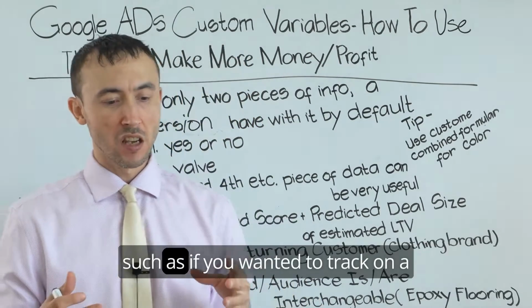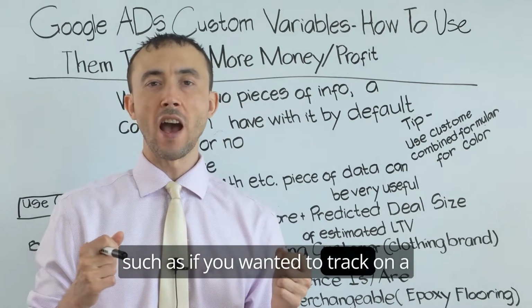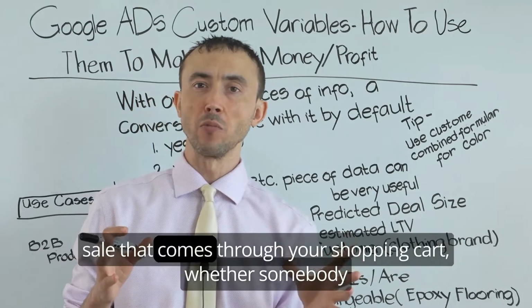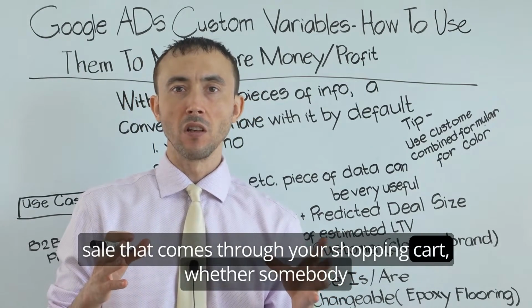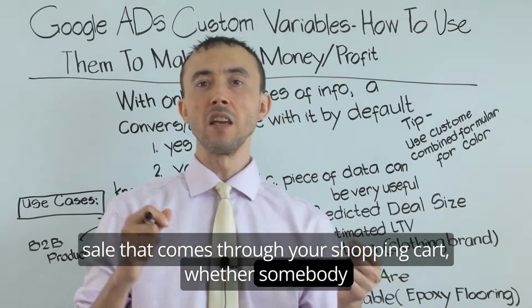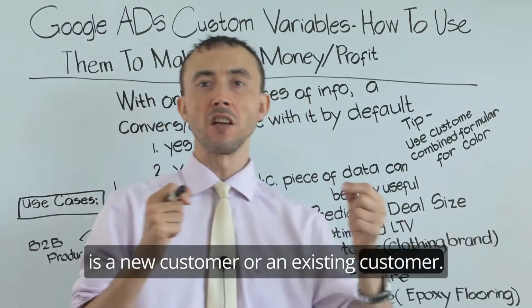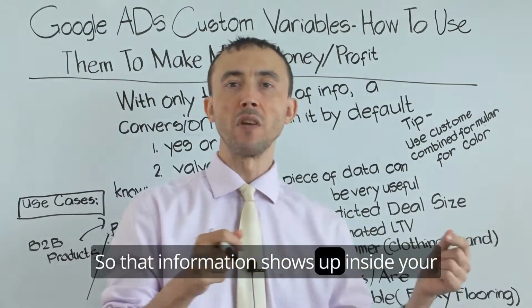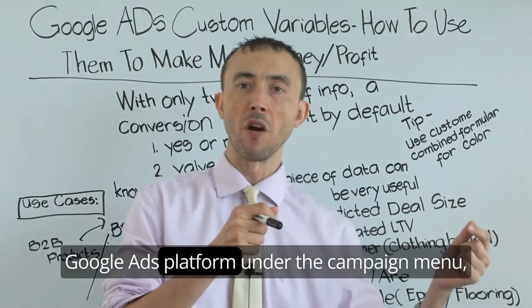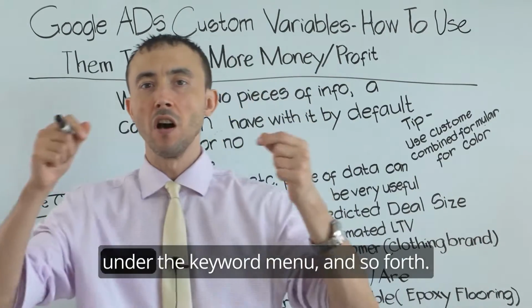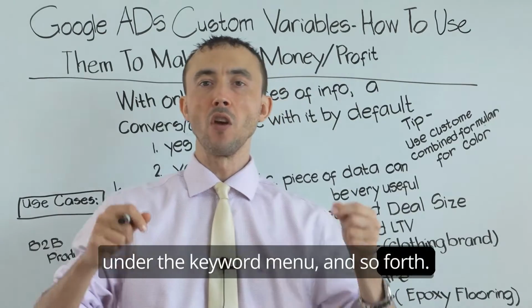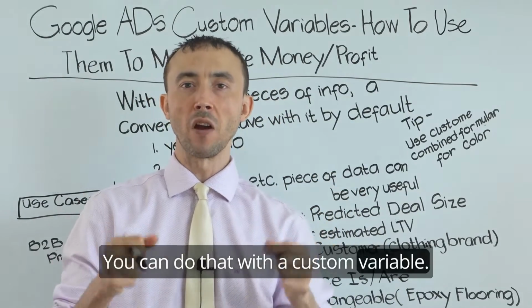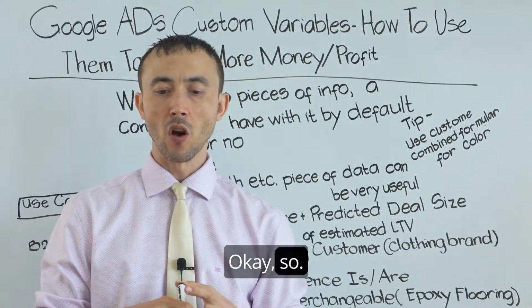Such as if you wanted to track, on a sale that comes through your shopping cart, whether somebody is a new customer or an existing customer, so that information shows up inside your Google Ads platform under the campaign menu, under the keyword menu, and so forth. You can do that with a custom variable, okay?